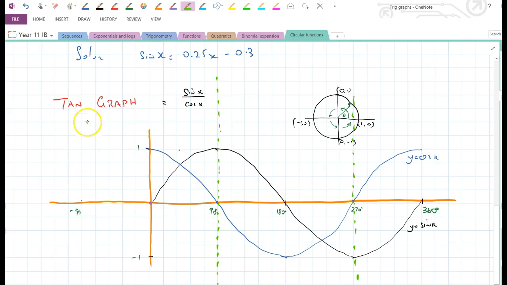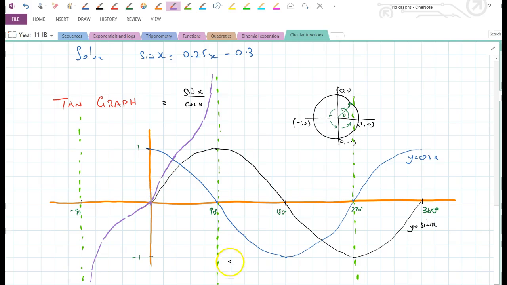So the first feature of our tan graph is that it's asymptotic, because wherever cos is 0, tan is undefined. Around that, we need to understand that as cos gets close to 0 here, we get some very large values. So our tan graph goes through the origin, and it's asymptotic in this sort of fashion.